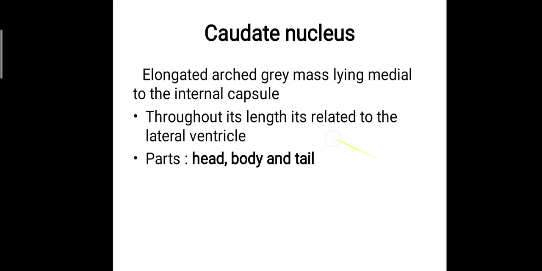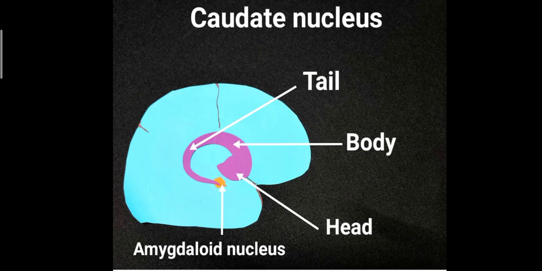The first one, the caudate nucleus, is an elongated, arched grey mass lying medial to the internal capsule, and throughout its length it is related to the lateral ventricle. It has three parts: the head, body, and tail. Here we have a diagrammatic representation.